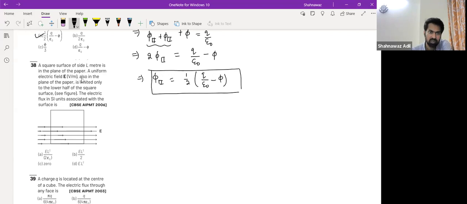A uniform electric field, also in the plane of the paper, is limited only to the lower half of the square surface. The electric flux associated with the surface is, what is phi? So Rabia and Aisha, you guys find the answer and tell me.